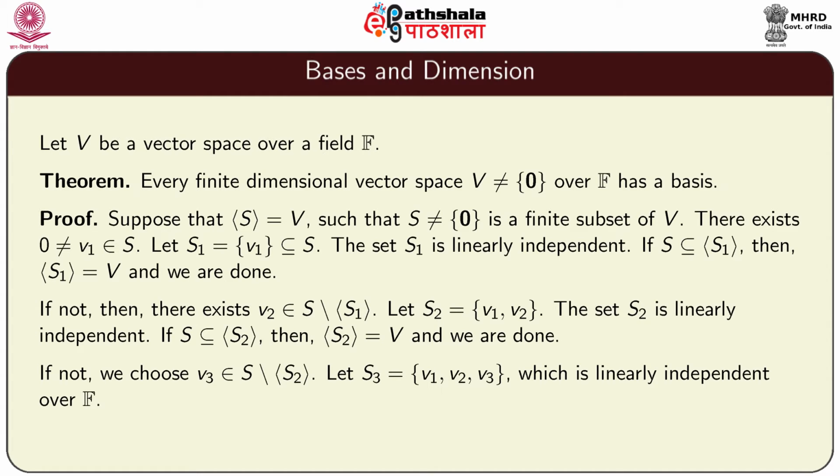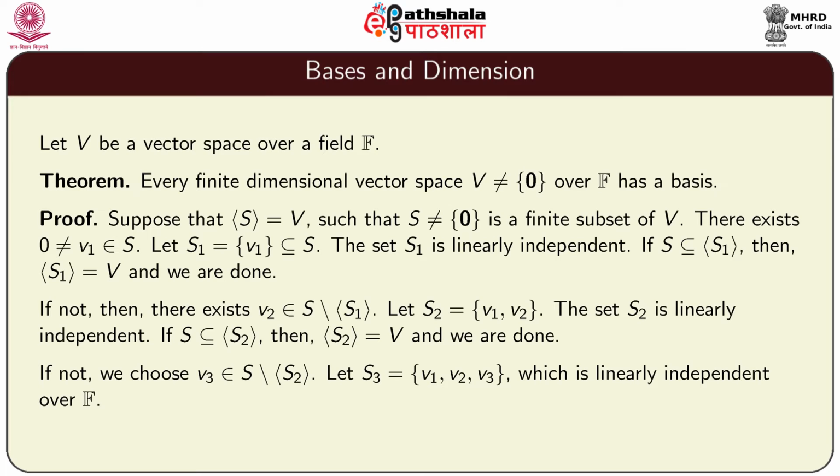Why is that so? Because otherwise if we do have a non-trivial linear combination of V1, V2, then we can show with very little effort that V2 can be expressed as a linear combination of V1, which cannot be the case because V2 is in S, but not in the span of S1. So, we have a linearly independent set S2.